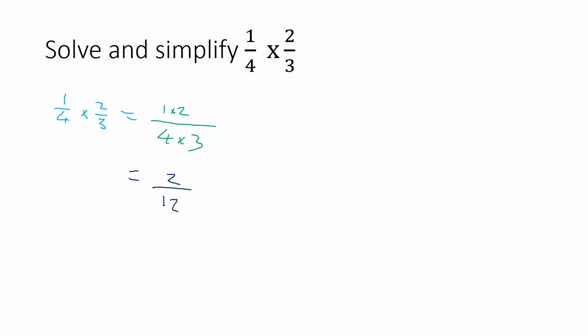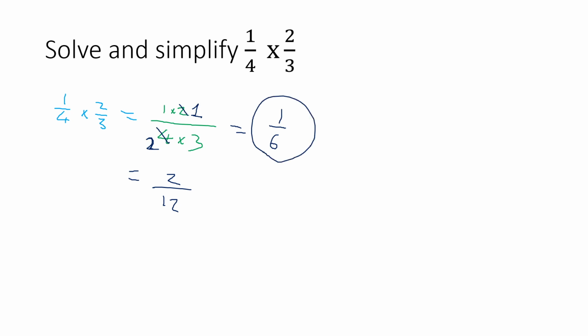So what we can do is cancel them out and put a 1 here, because we divide both of them by 2. And what's 4 divided by 2? It's just going to be equal to 2. And so here we can say 1 times 1 and 2 times 3, which is the same as 1 over 6. And that's our correct answer.